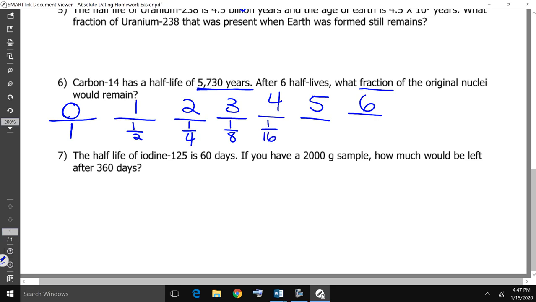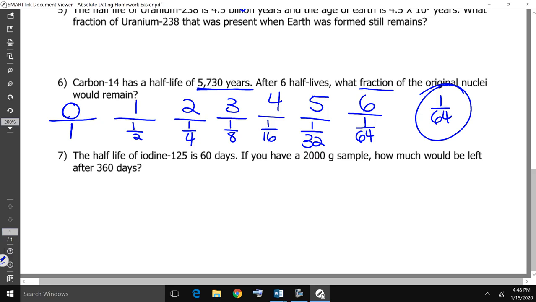Divide 1/16 in half, that is 1/32. And divide 1/32 in half, and that is 1/64. So what fraction of the original nuclei would remain? 1/64 is your correct answer there.